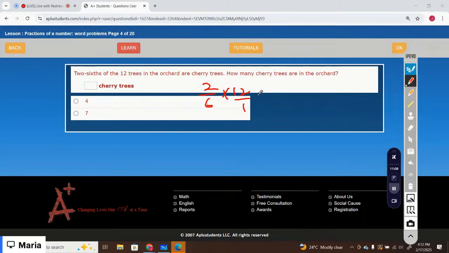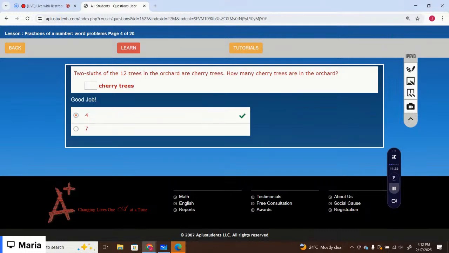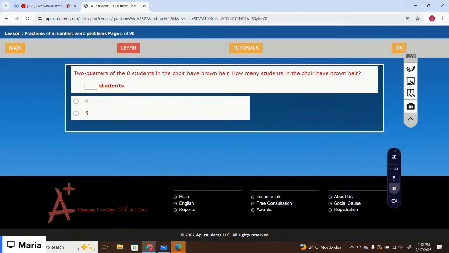So, 12 times 2 is 24 and 6 times 1 is 6. So, which is the correct option? 6 times 4 is 24. The correct option is 4. Option number 1 is the correct option.